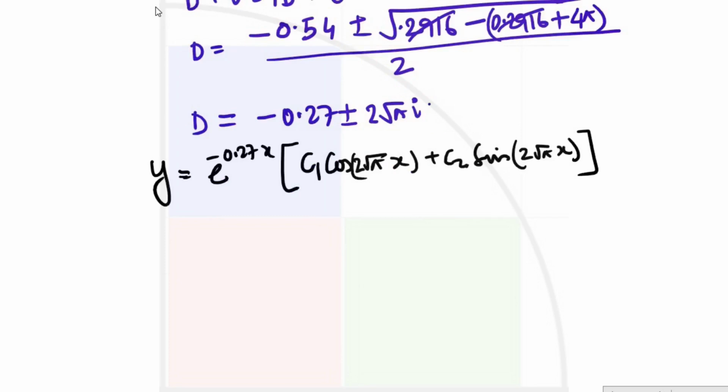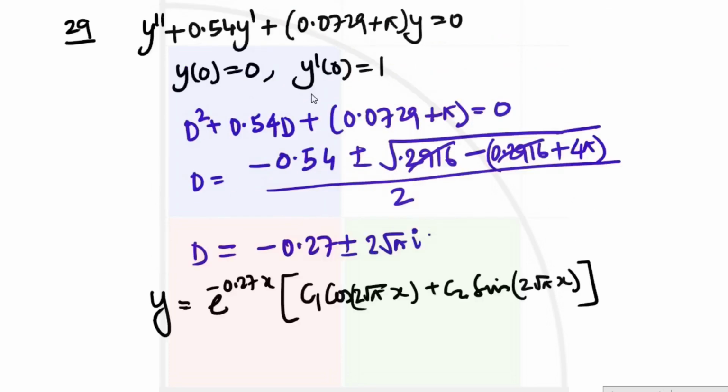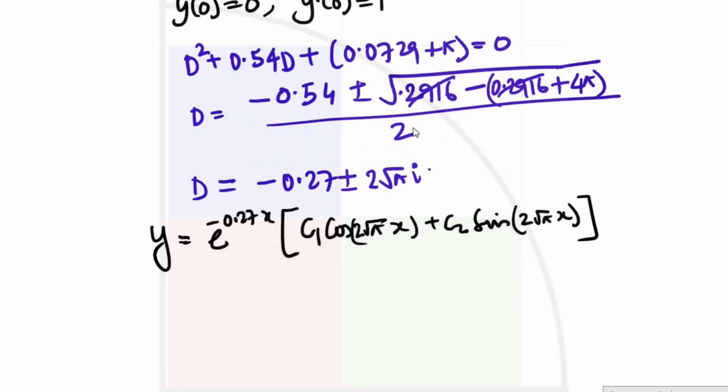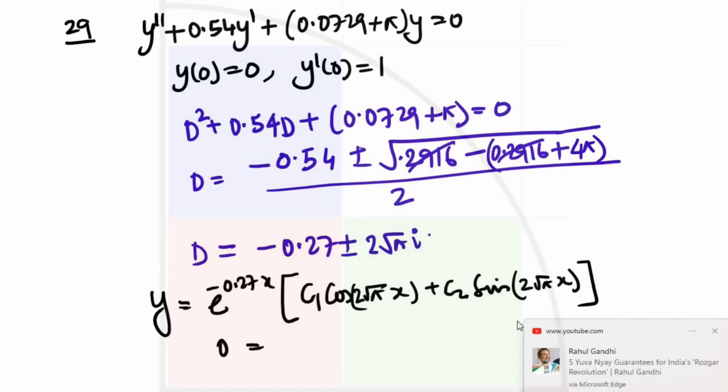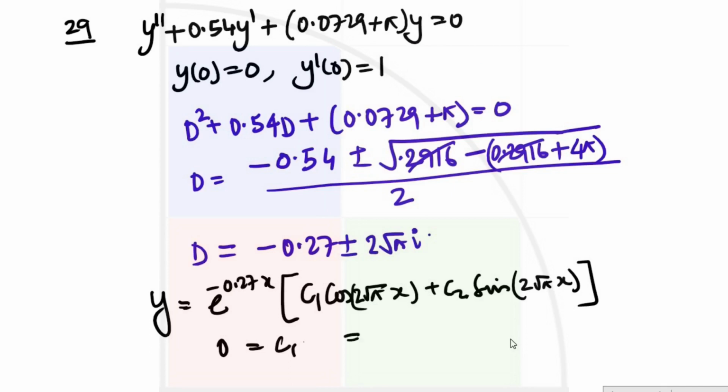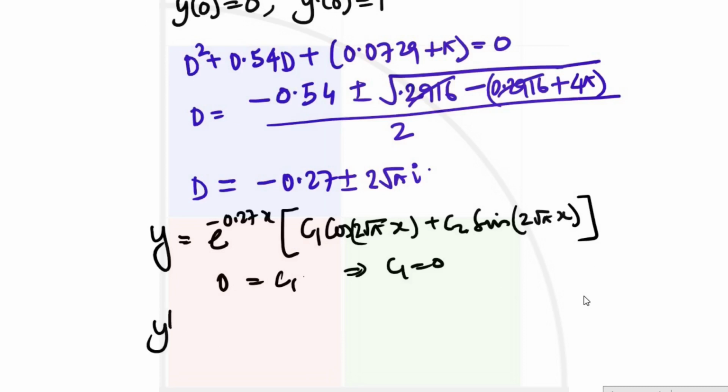Now we can apply the initial value condition to find the values of C1 and C2, which are unknown constants here. So at x is equal to 0, y is equal to 0, so we can put 0 here is equal to, this will become 1 and this will become C1, this will become 0, so C1 is actually 0, and for the other variable we need to differentiate. This becomes minus 0.27 e to the power minus 0.27x.